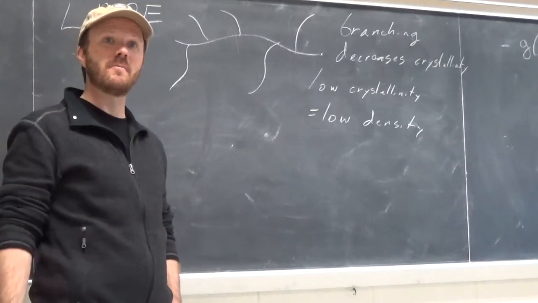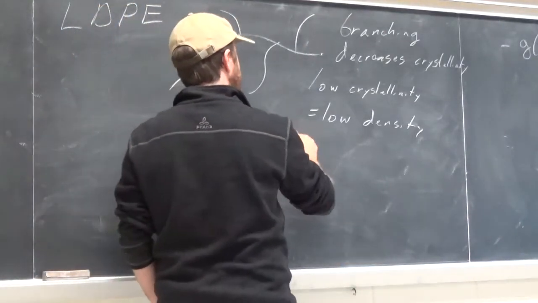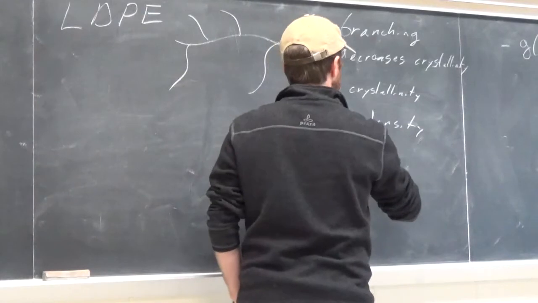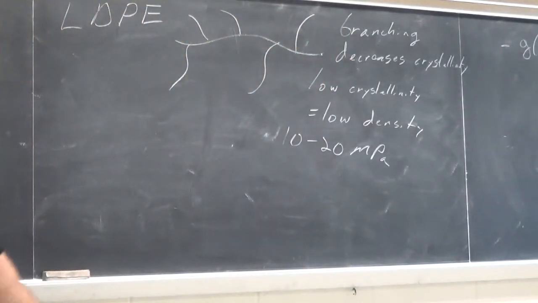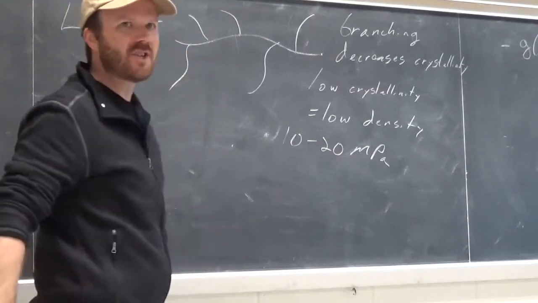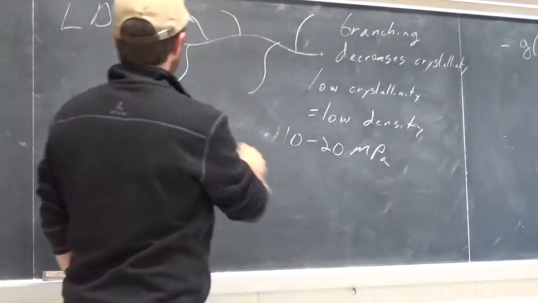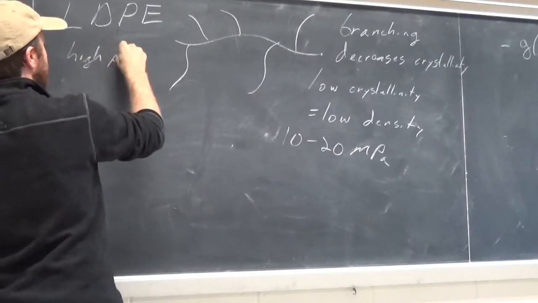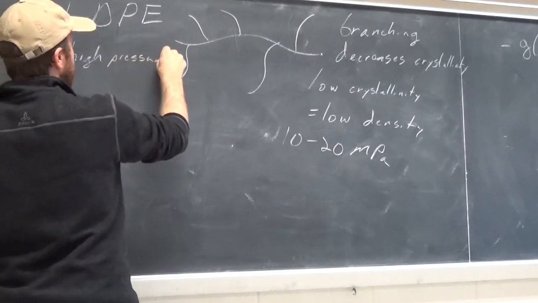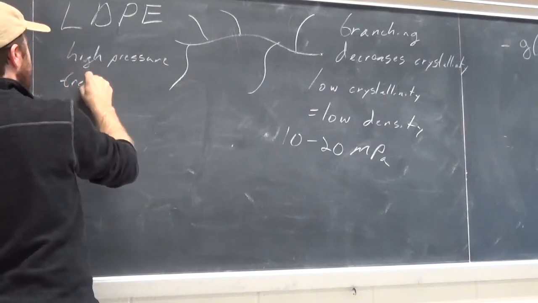It's going to be a little bit more flexible, in the range of 10 to 20 MPa, right? And so in order to get branching, we know that LDPE is made at high pressure under free radical conditions.